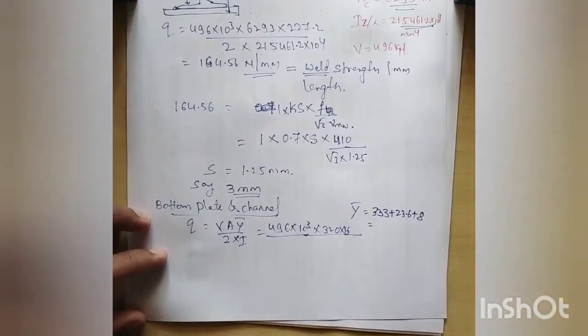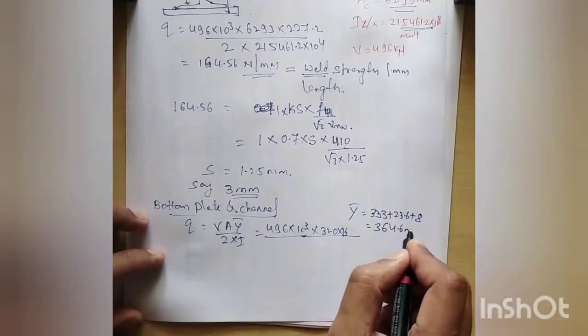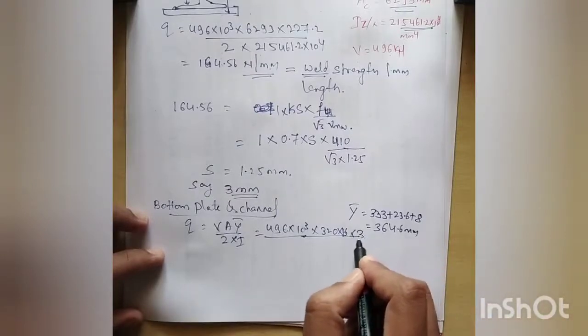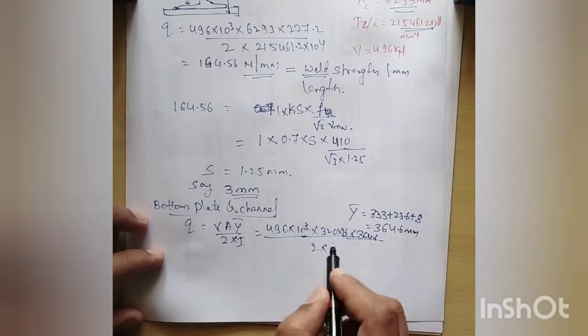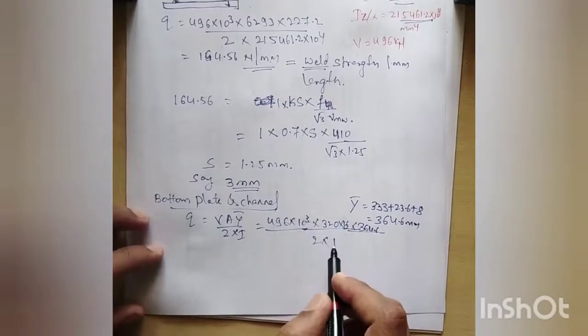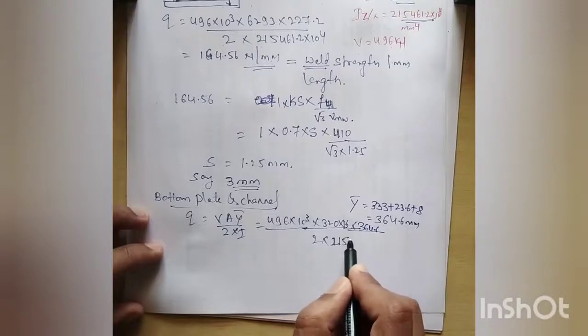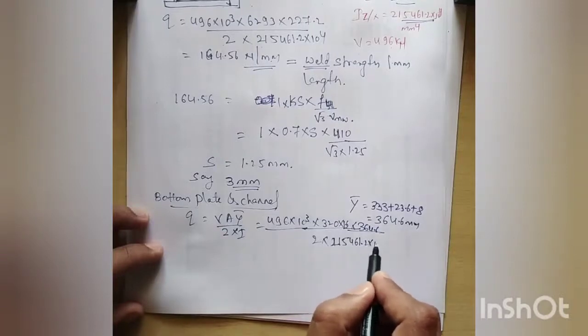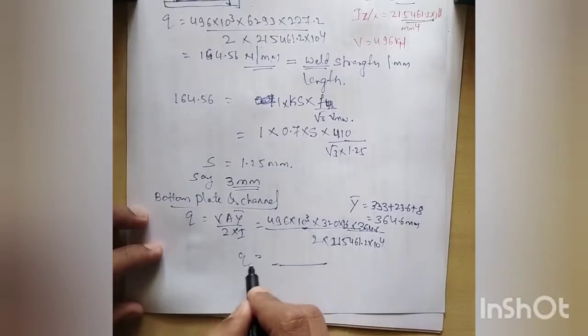So that will be 333 plus 23.6 plus 8, which works out as 364.6 mm. So y bar is 364.6, whole divided by 2 into your moment of inertia, which is 215,461.2 into 10 to the power 4 mm. So you will get another value of Q.